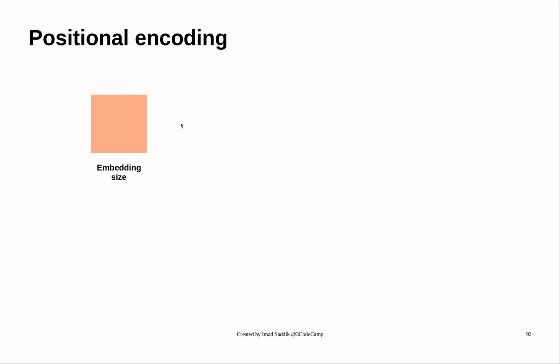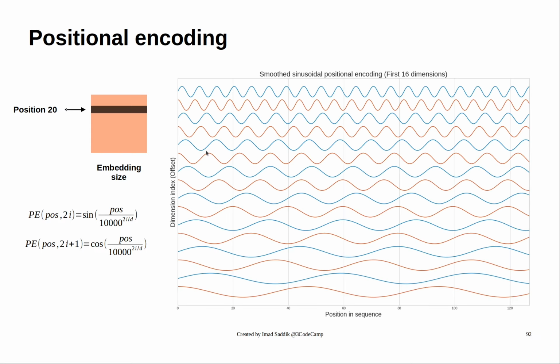We build a tensor shaped max length by embedding size, like what we have seen before. And here, let's just focus on the 20th position. We apply the formulas that I have showed you in the previous slide for each dimension of the embedding. Here is what the wave plot looks like. The x-axis is the position, and the y-axis is the embedding dimension.